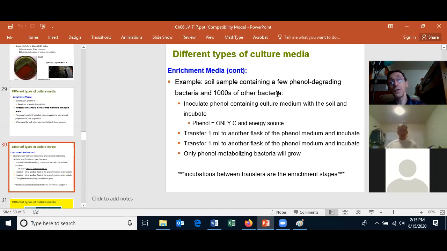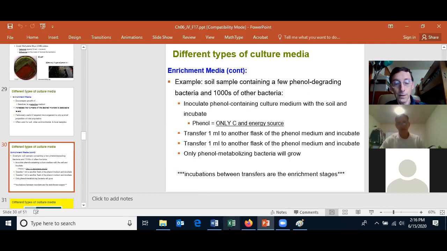What you could do, if you're looking for a phenol degrading bacteria, is grow it in a media where the only carbon source is phenol. And that would enrich for bacteria that are phenol degrading in the soil.